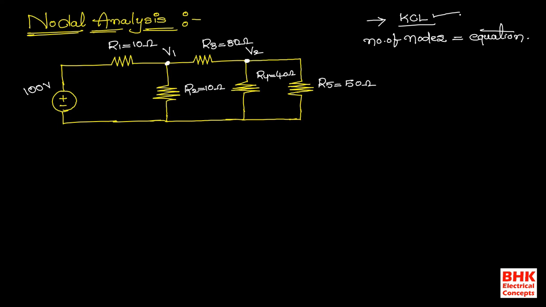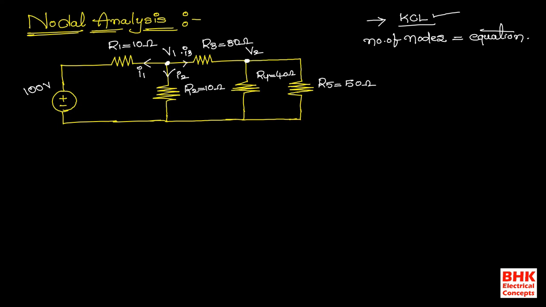Point number 2 is that when we apply KCL at node 1 and node 2, the directions of currents are always outgoing from the junction point.